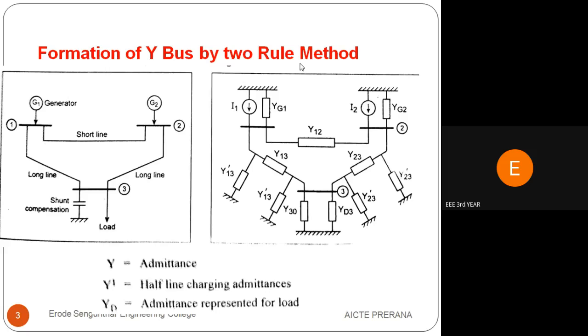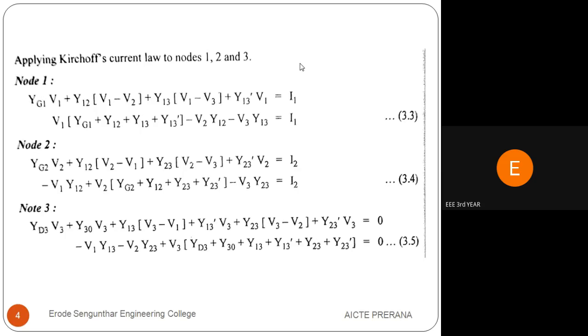And consider the third element, Y23. Y23 means it is connected between bus number 2 and 3. So here we multiply Y23 with V2 minus V3. This I have inserted, and add the line charging admittance Y23 dash.